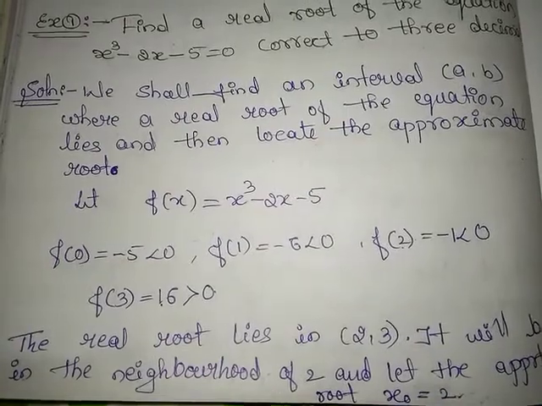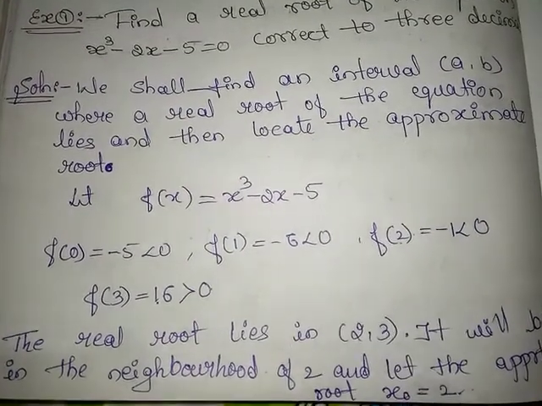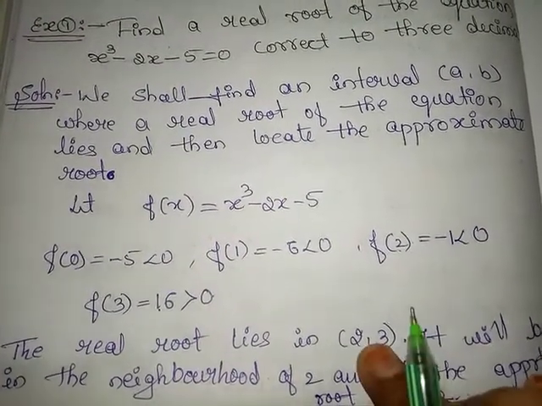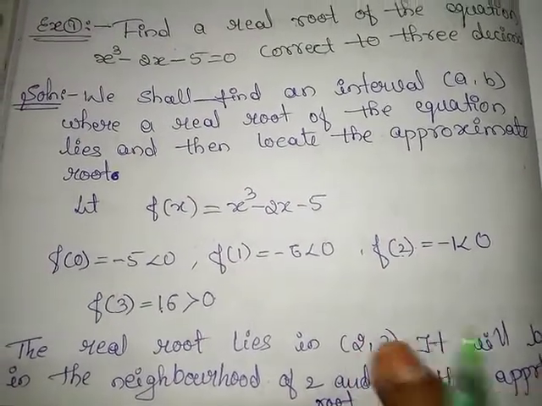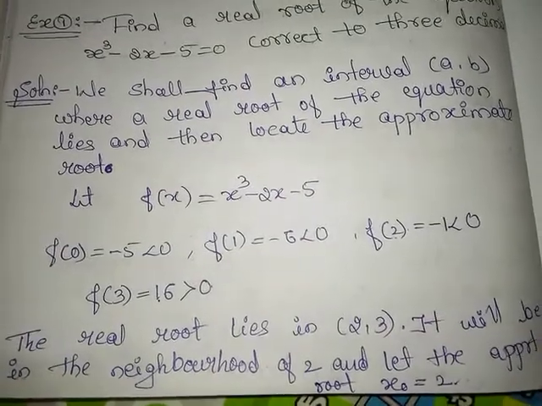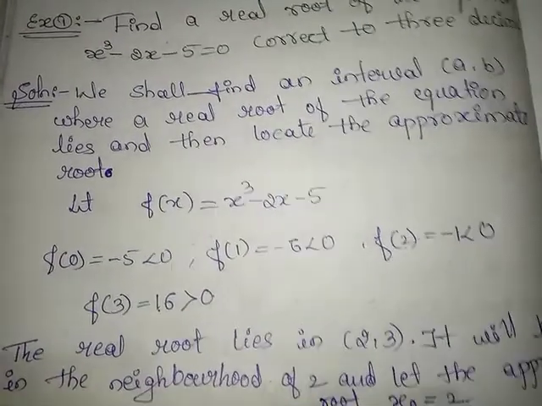Next, go for the first approximation. Here we can't go for further intervals. This is our real interval. In this interval our real root lies. Okay, this is as easy as the previous method.